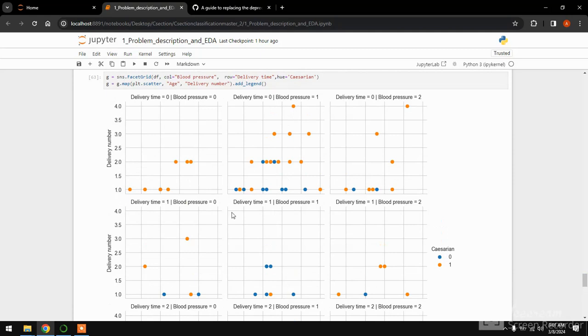For example, in the next chart, the delivery time is normal, but the blood pressure now is no longer 0, it's now 1. We just mix things up so that we could at least see the distribution in C-section births against blood pressure, because blood pressure is the only variable that is changing here.